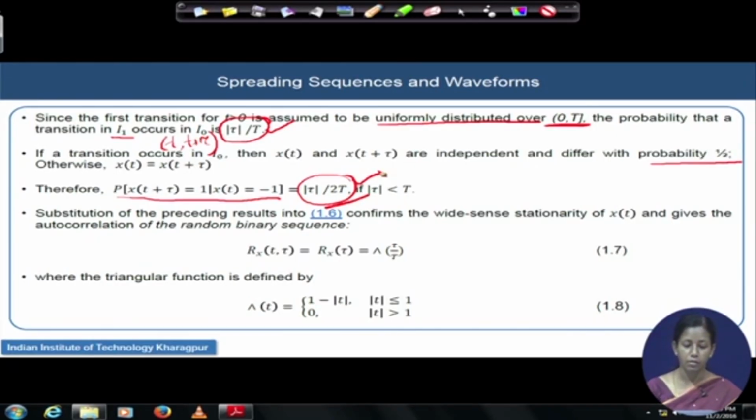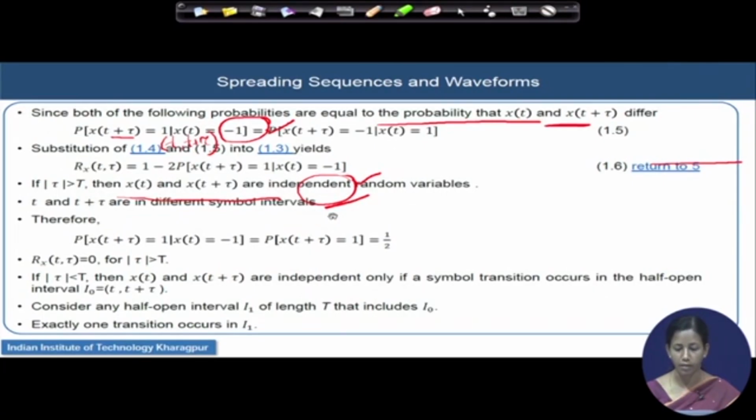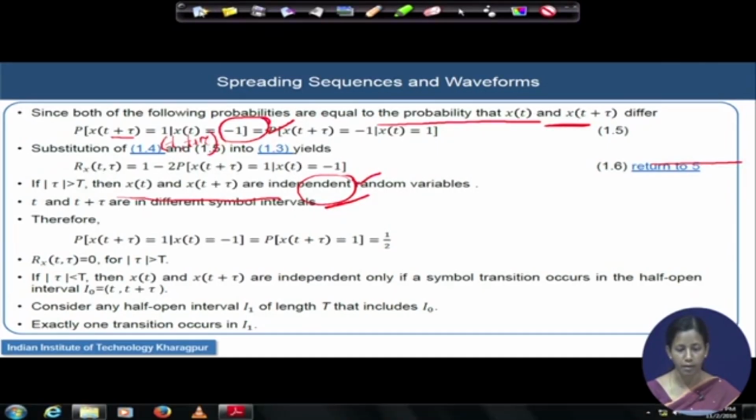Now, if I substitute slowly all this observation and the derivation into the equation where the autocorrelation was defined, this equation 1 minus 2 p into x t plus tau, if I go back and define all that, then where will I be ending up?